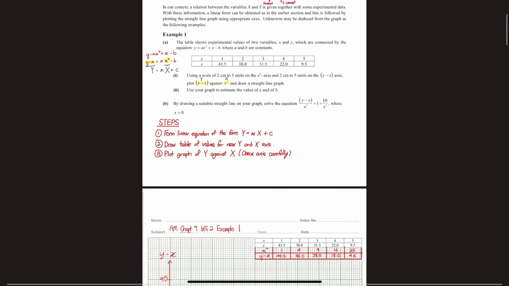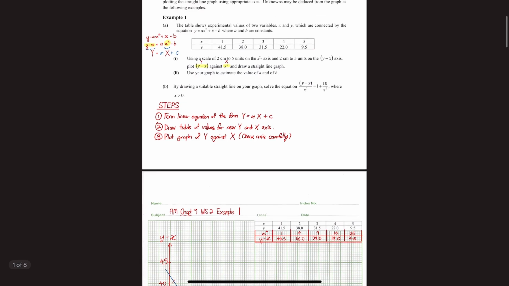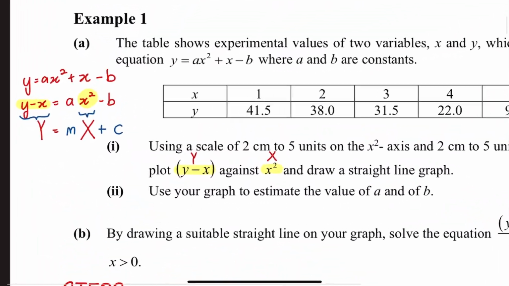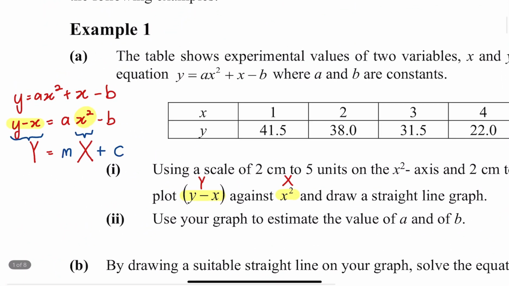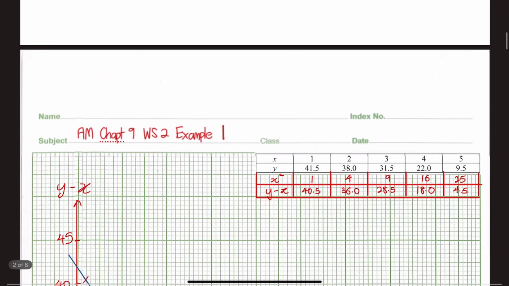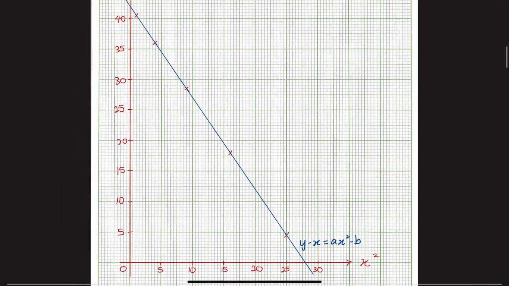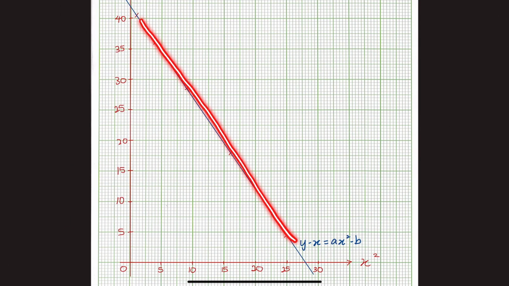Part 2. Okay, use your graph to estimate the value of a and b. So if I look at this equation here, a corresponds to the gradient of the graph, negative b corresponds to the vertical intercept. Okay, so over here for part 2, to find the gradient of this straight line, I will take 2 points along this best fit line.